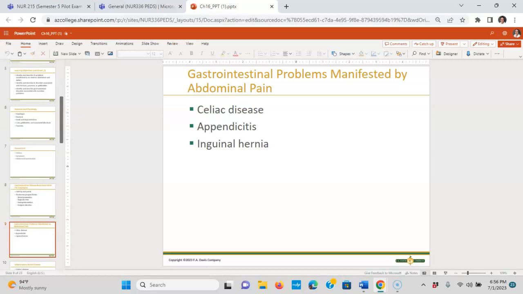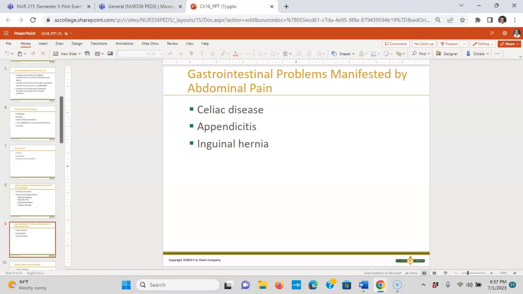Again, if it is able to be pushed back in, it's not a surgical emergency. History of intermittent pain, swelling in the groin, weakness, pressure in the groin, a burning, gurgling feeling at the bulge. And then anyone with hydrocele, water in the sac, should be checked for an inguinal hernia.